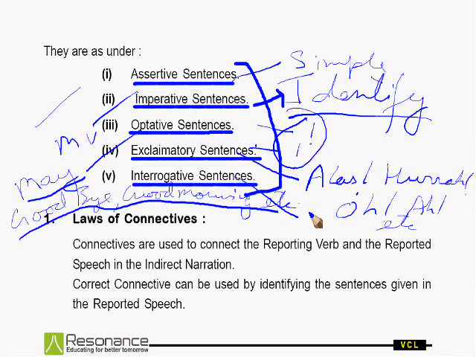Whereas as far as the interrogative sentence is concerned, it's very simple. You will get a question mark. So these five sentences, you will associate with reported speech, and you should be able to make out the difference between all these five, so that things become extremely easy. Now, why does identification of these sentences become important for us?